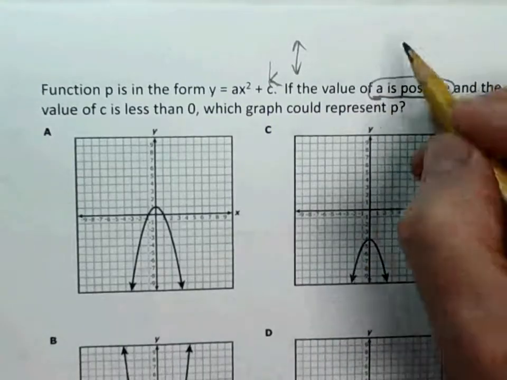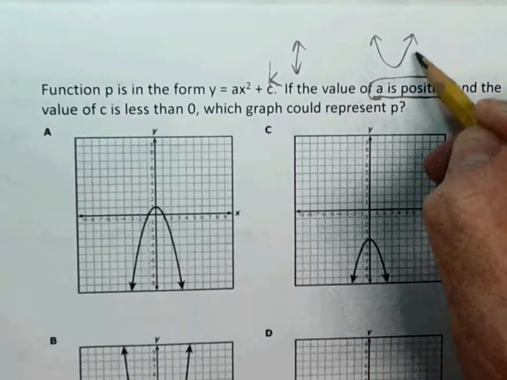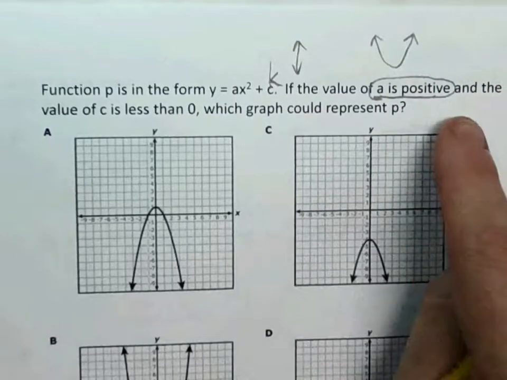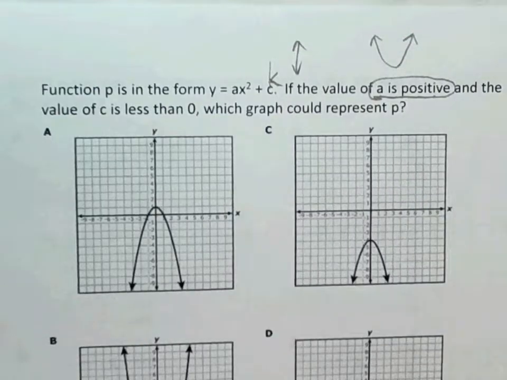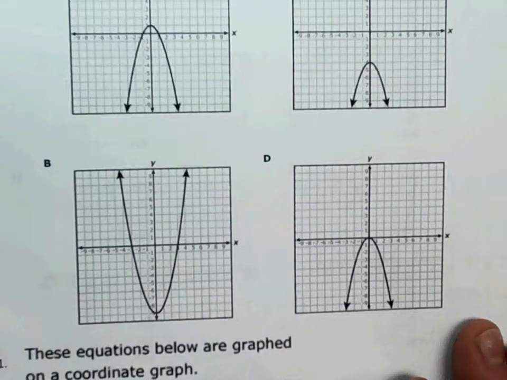If A is positive, that means that it's opening upward. Remember, a smiley face means you have a positive disposition. Okay, so we know that we need to pick something that opens upward. Well, ladies and gentlemen, there's only one of these that opens up. And if you haven't figured out what the answer is, the value of A is positive, and the value of C is less than 0.